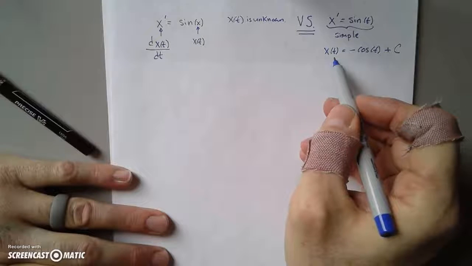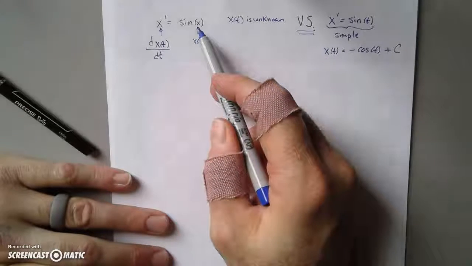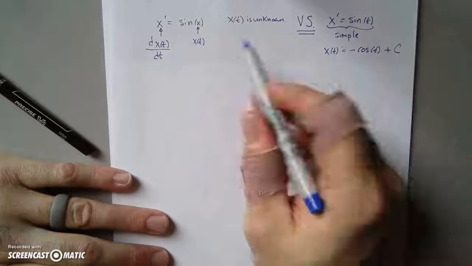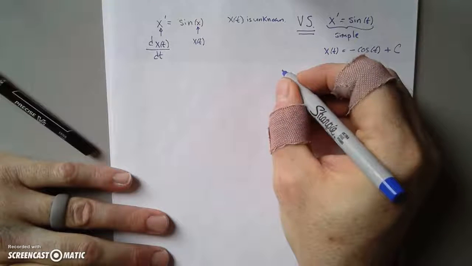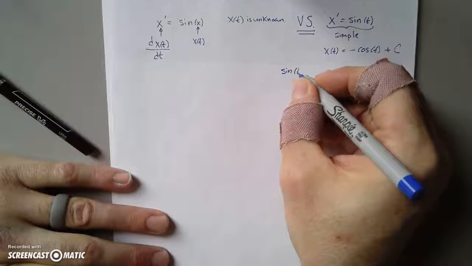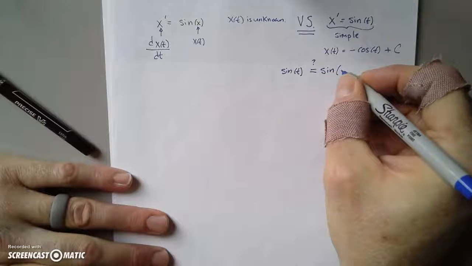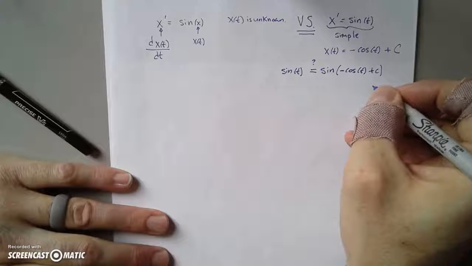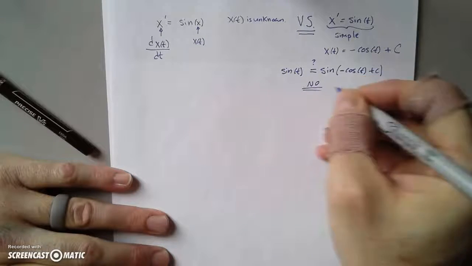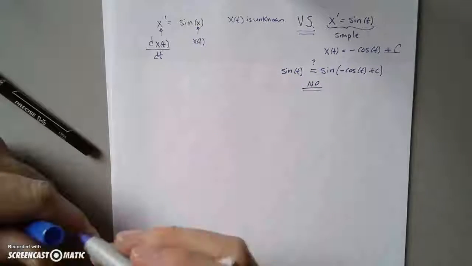But you can tell that this can't be the solution of this. If you were to plug this into that, just to check it, the derivative of this is sine of t. Does that equal sine of x? No. Not even remotely. So this can't be the solution of this.